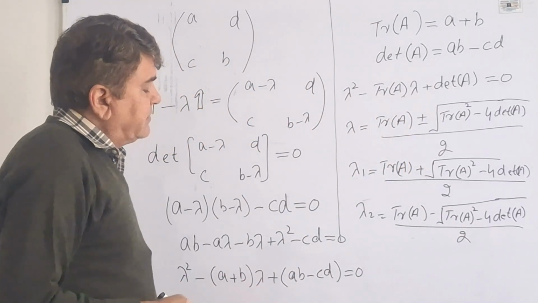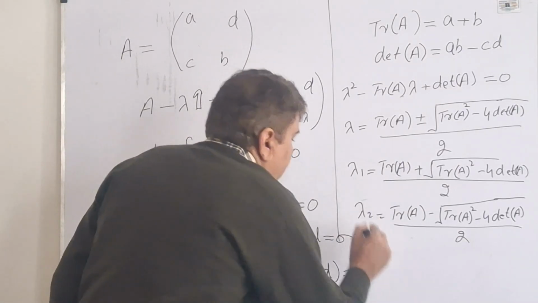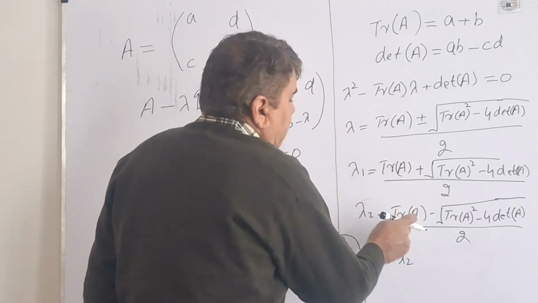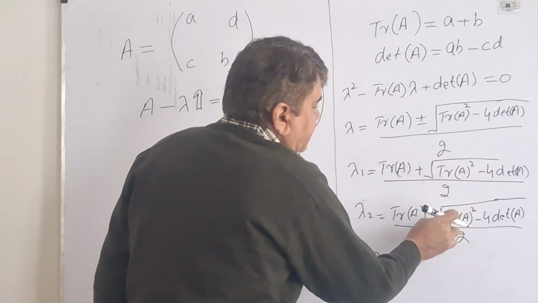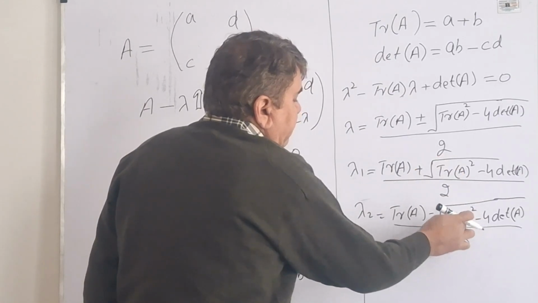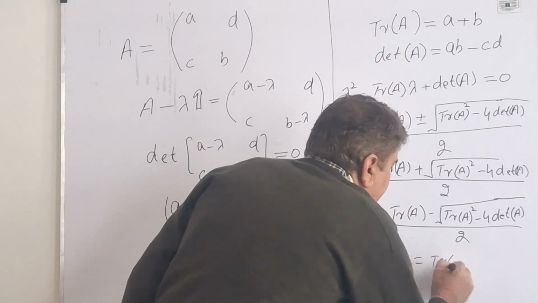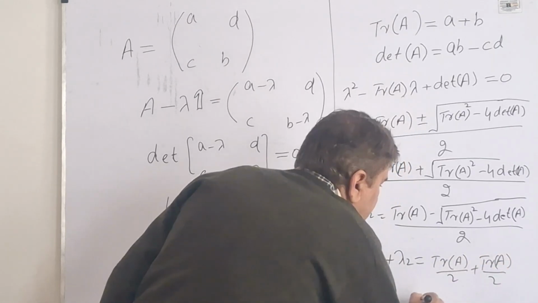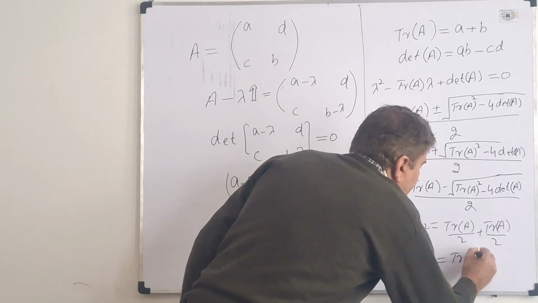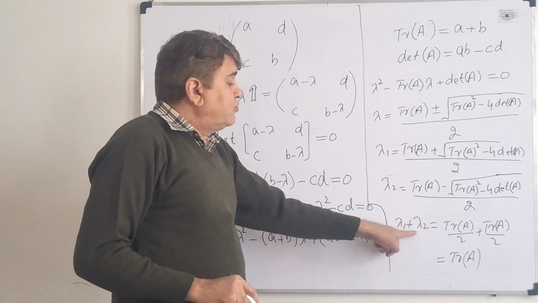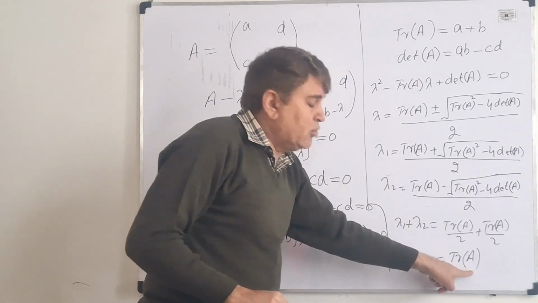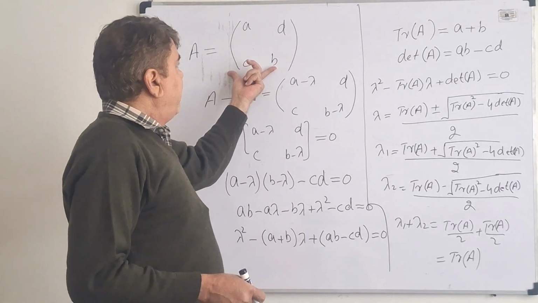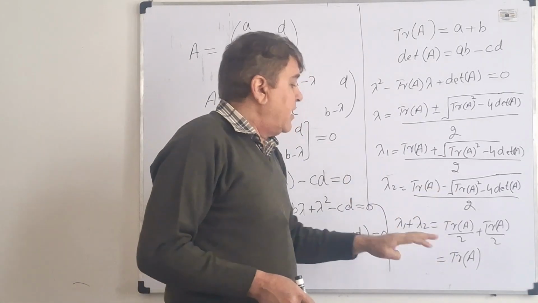Now if I add these two equations, I get this thing. Lambda 1 plus lambda 2 equals trace of A divided by 2 plus trace of A divided by 2, and this term is exactly the negative of this term, and this term cancels exactly with this term, so we get trace of A divided by 2 plus trace of A divided by 2, which in fact is equal to trace of A. That is, the sum of the two eigenvalues of a square matrix is exactly equal to the trace of A. And this property is not only true for a 2 cross 2 matrix, rather this is true for any square matrix of any order.